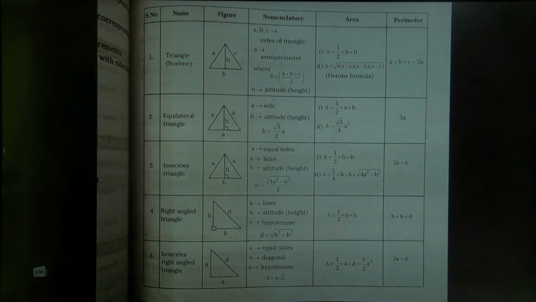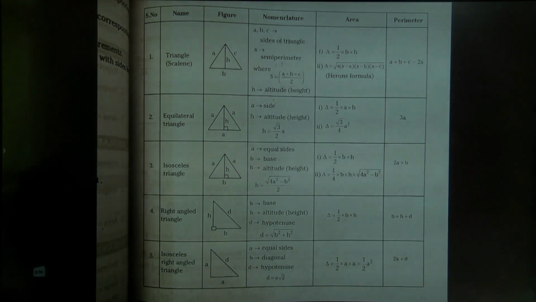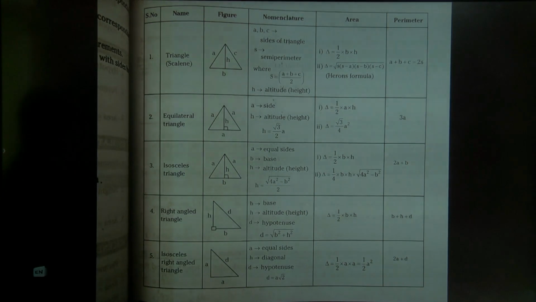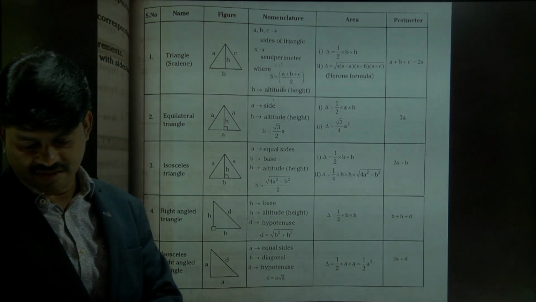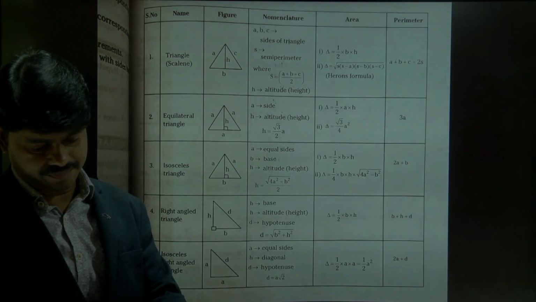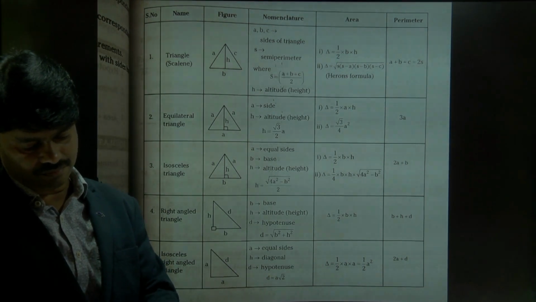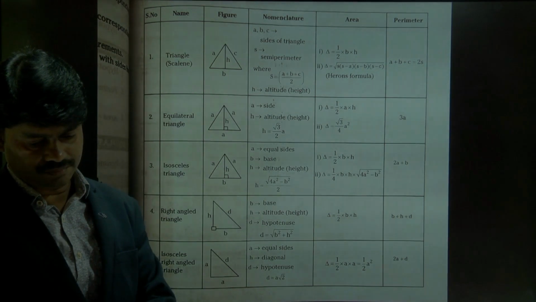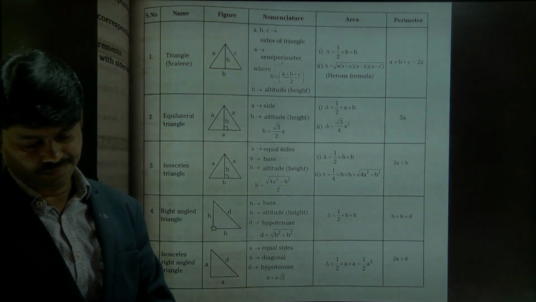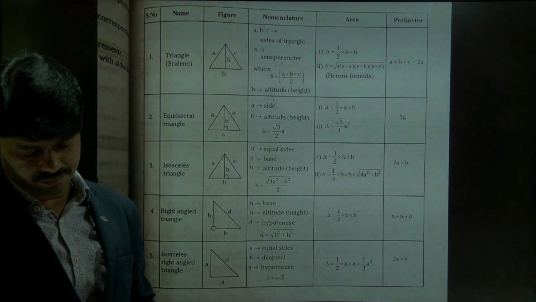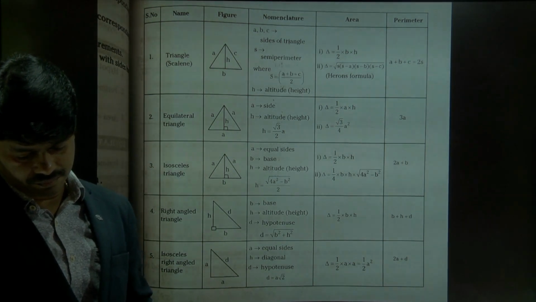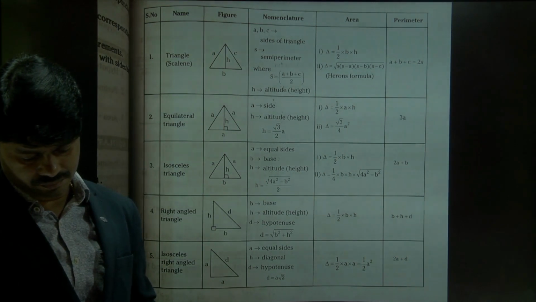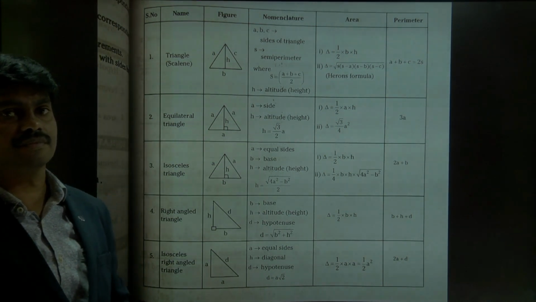So after checking, we shall go to the rectangle, square, rhombus and parallelogram. Areas and perimeters we'll see once. Okay, check it out.